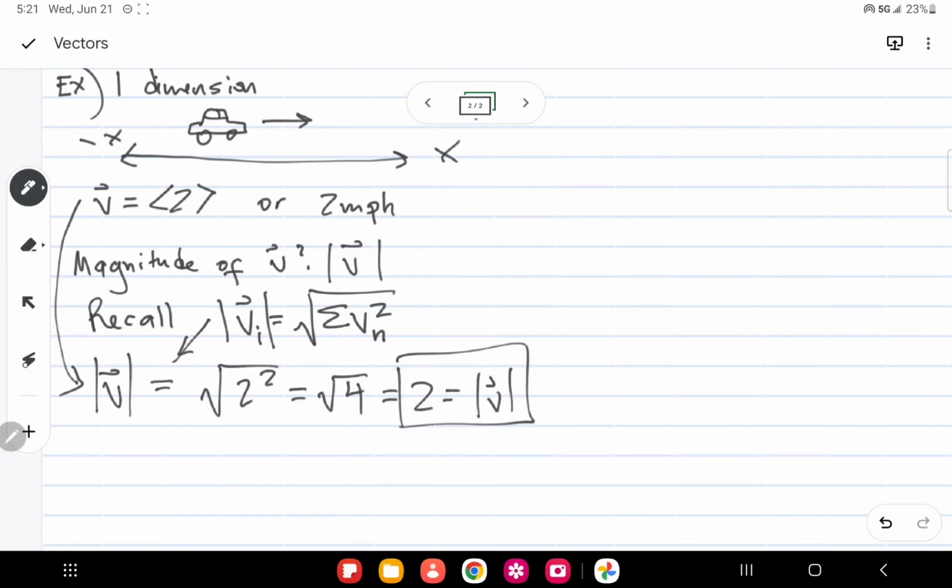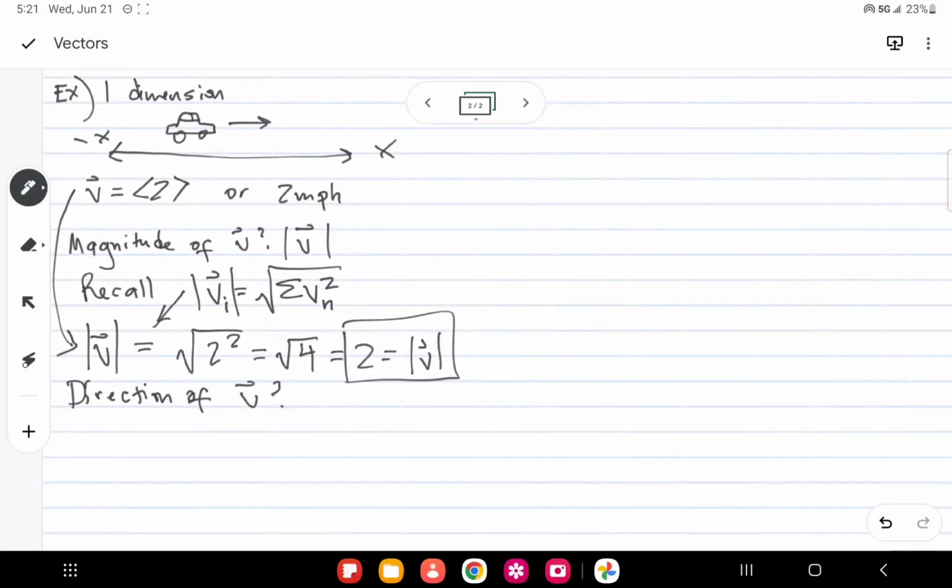Now what's the direction? Direction of vector v. Now I'll give you the formula for this. In this case, it's a one-dimensional vector. Either it's going in a positive x or negative x. And as you can see, this arrow is pointing to the right.